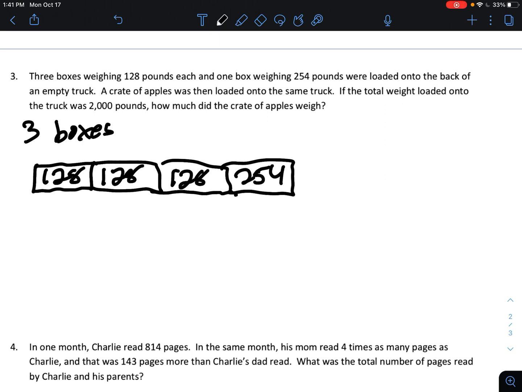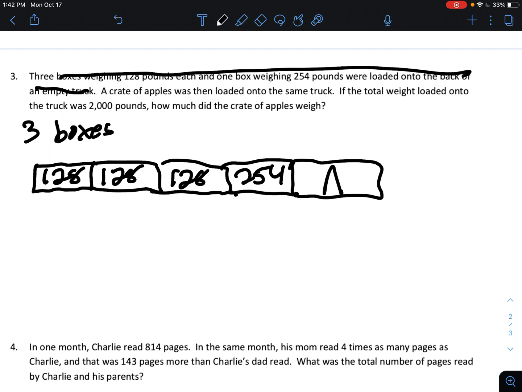So there's 4 boxes that could have been loaded onto a truck. Drawing a picture helps. A crate of apples was then loaded onto the same truck. We don't know how much that weighed, so we just put A for apples.